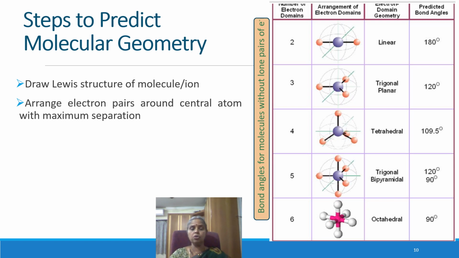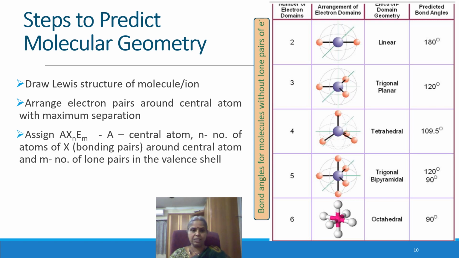Already we have learnt how to draw Lewis structures. So draw the Lewis structure of the molecule or ion. Arrange electron pairs around central atom with maximum separation. So after drawing Lewis structures, central atom electron pairs have to be arranged with maximum separation and assign A, X, n, E, m. A is the central atom, X is the bonded atom, Xn will refer to the number of bonded atoms, Em will refer to the number of lone pairs of electrons.